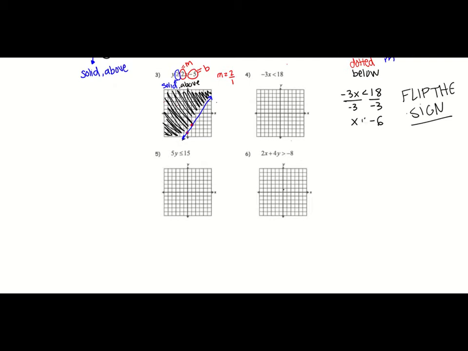So let's go back and fix that. It should be x is greater than negative 6. So now let's pull out that point, negative 6. And if I have a greater than symbol, no line underneath, that is going to be a dotted line.